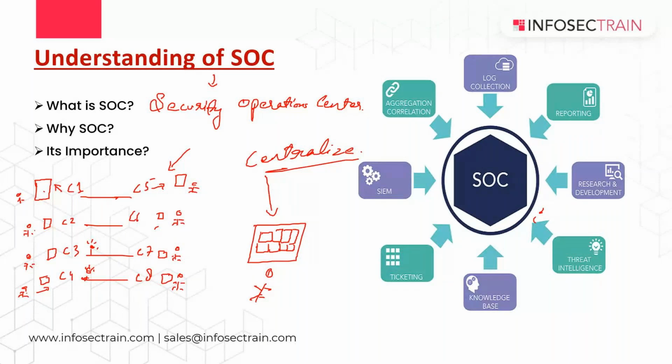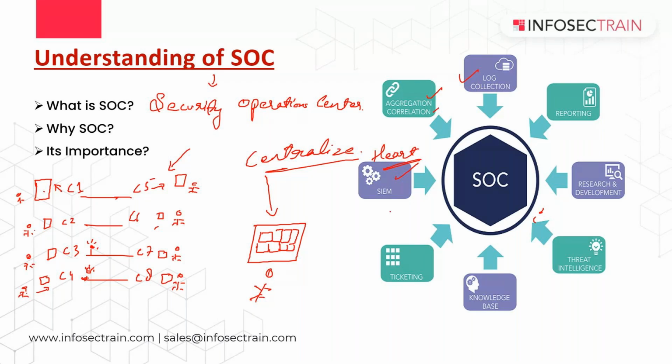As you can see in the image on the right hand side, log collection, aggregation, correlation. You're correlating different logs with each other to make sense out of them, right? A SIEM solution like Splunk, Security Information and Event Management, is basically the heart of your SOC, where all those logs are sent, and from here we can monitor and detect things.